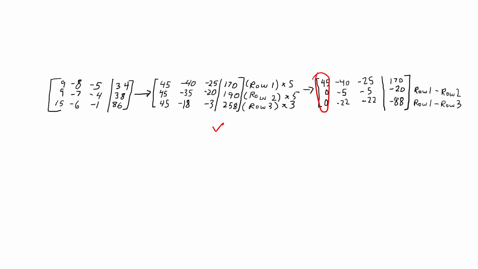Ideally, we would like to get these two values the same so that we could then add or subtract row 2 and row 3.